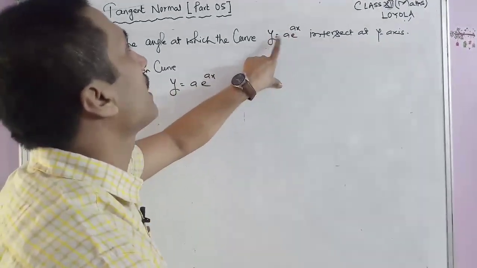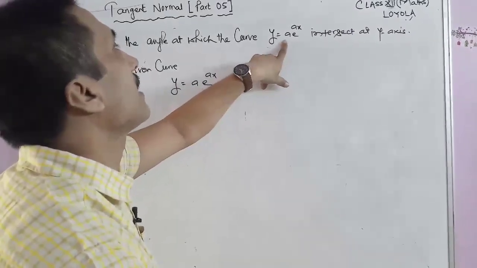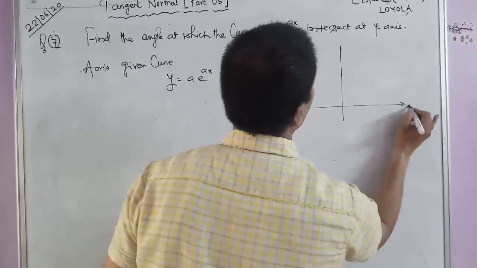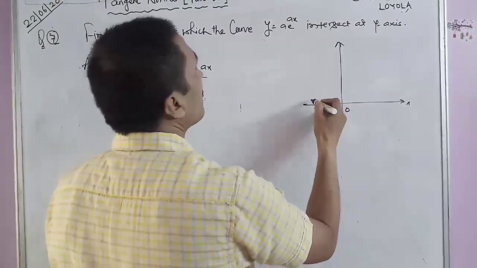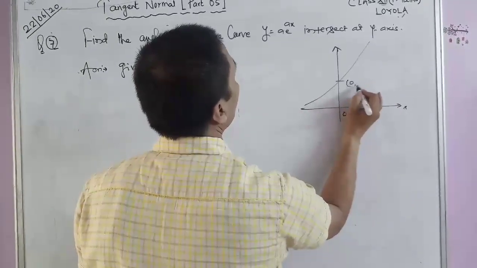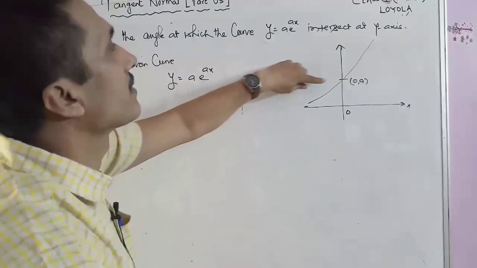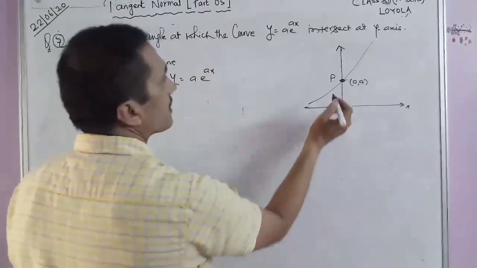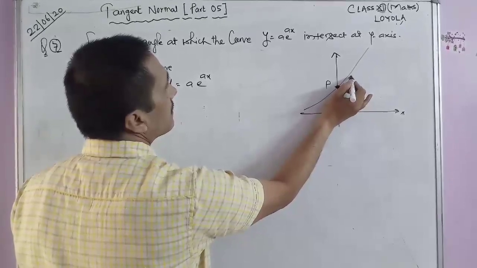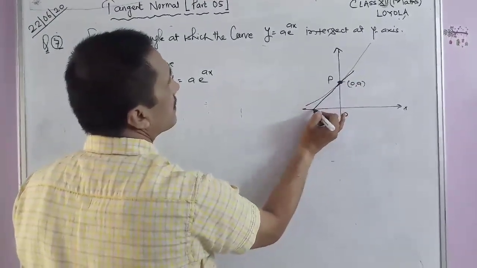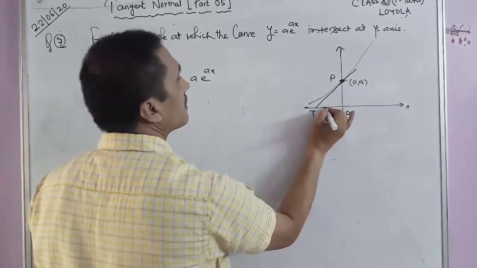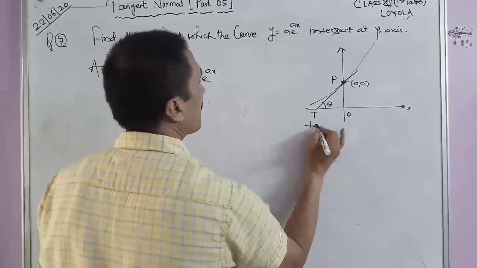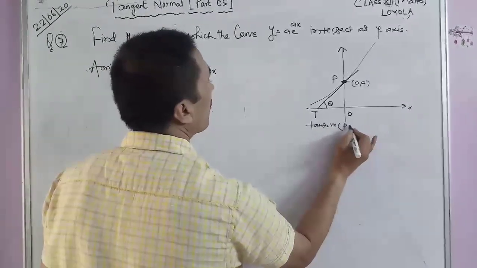So for x equal to 0, y equal to a, so this curve intersects the y axis at (0, a). Clearly, a rough sketch of the graph may be this, intersecting at (0, a). Obviously, the tangent at this point PT makes angle theta with the x axis. So tan theta is the slope of PT.